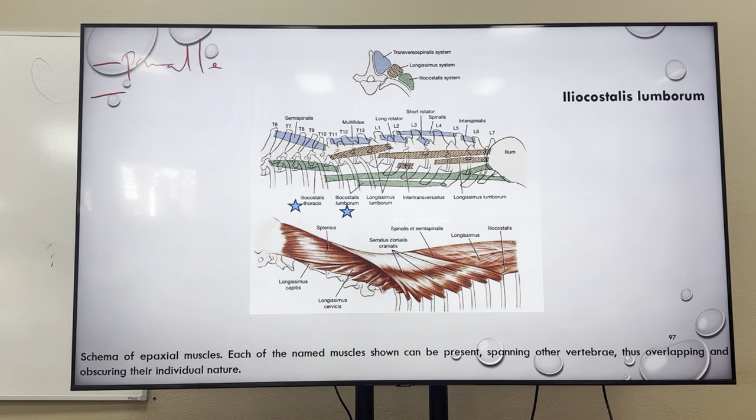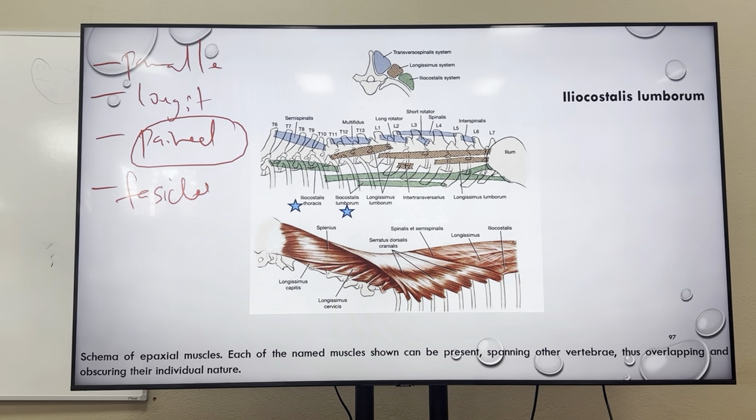This also applies to all three groups. They are also paired, and they are arranged in fascicles. So this means that we don't have a single muscle running across. You can see them in different segments or fascicles.